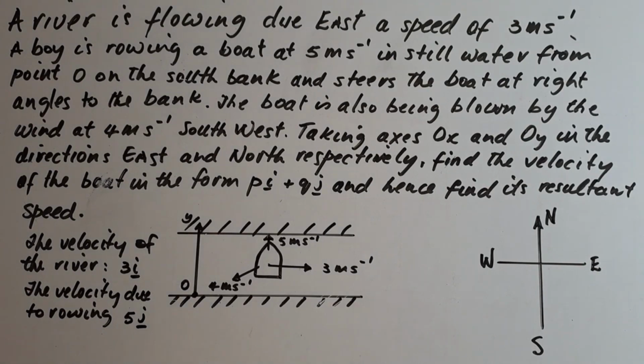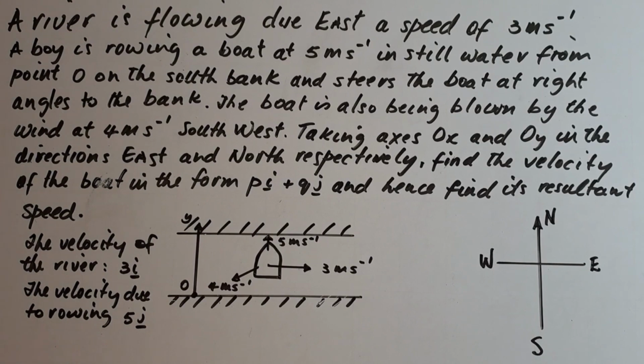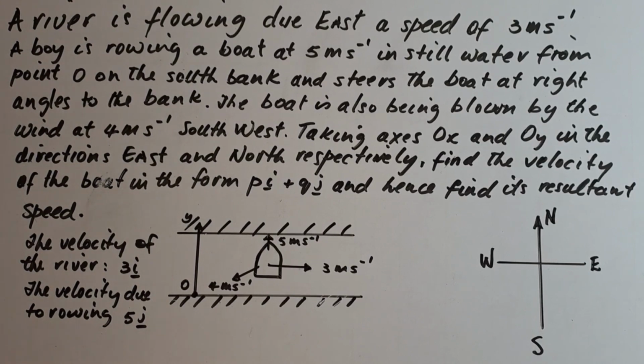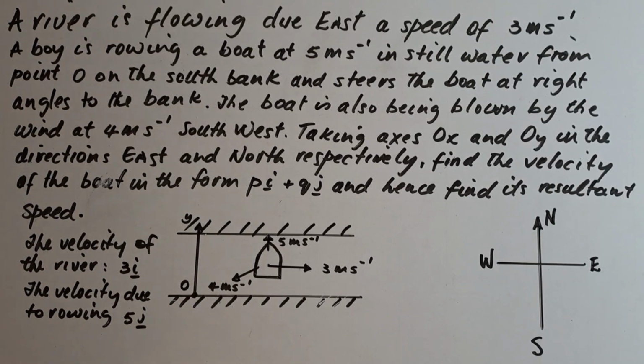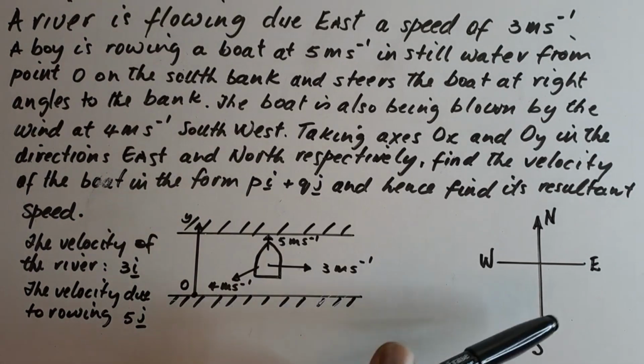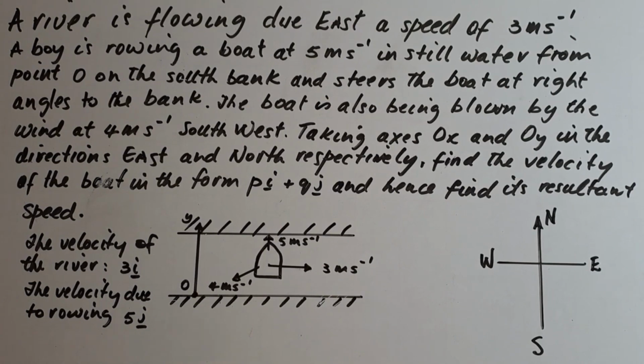So these are the two things we've determined so far. The velocity of the river at 3i, that's in the positive unit vector i direction, or going east. And the velocity due to rowing the boat is going north, 5j.